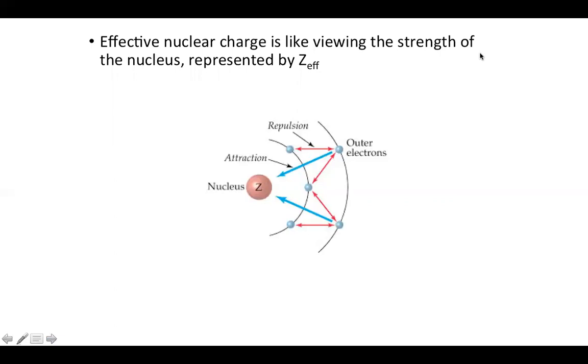So we have this nucleus that has protons in there, so the nucleus has a positive charge. That positive charge is going to be attracted to those valence electrons that have a negative charge. However, in between the nucleus and those valence electrons are what we call core electrons. And those core electrons shield the attraction between the nucleus and those outer valence electrons. And that's what effective nuclear charge looks at.